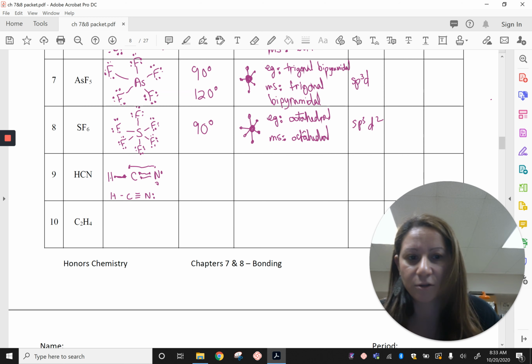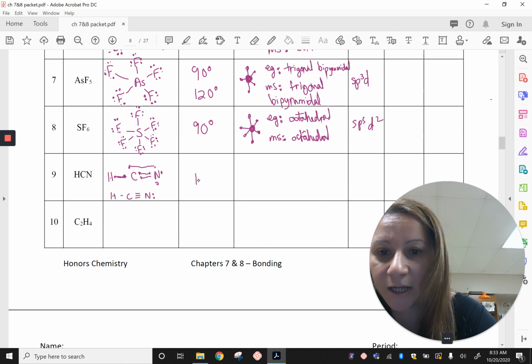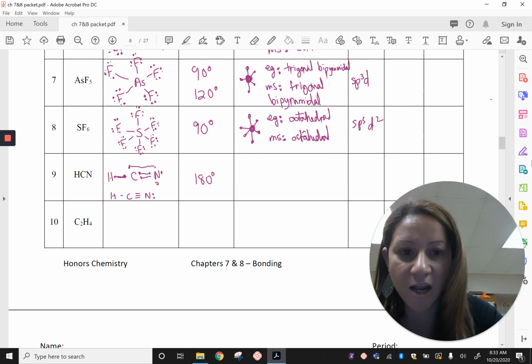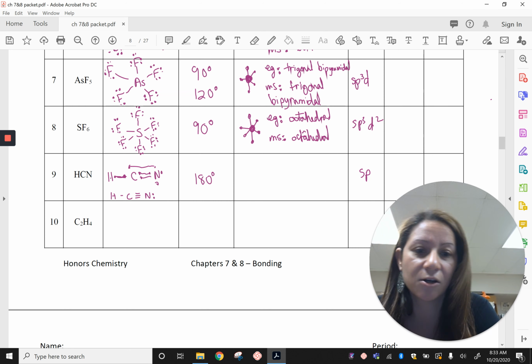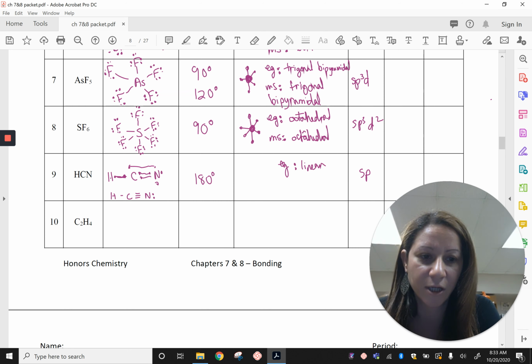So now you look at your central atom. There are 2 areas of electrons. That tells us the angle is going to be 180. That's the farthest 2 things can be apart. It also tells us the hybrid is sp. And it also tells us the electron geometry is going to be linear because you have 2 things that are 180 apart.